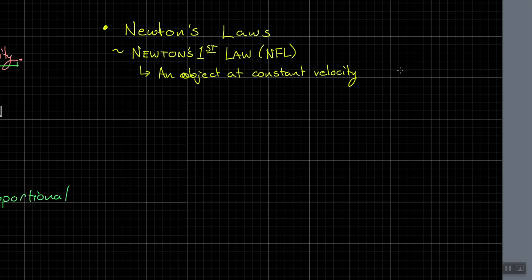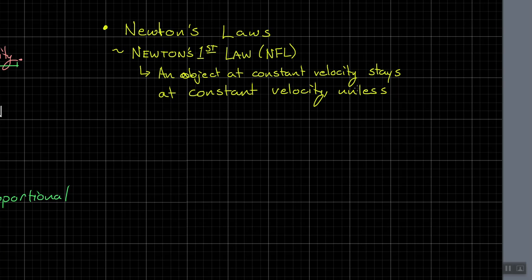An object at constant velocity stays at constant velocity unless something happens. What has to happen to change an object's motion or its velocity, which, gosh, that has another name. A change in velocity, what's that called? Acceleration.